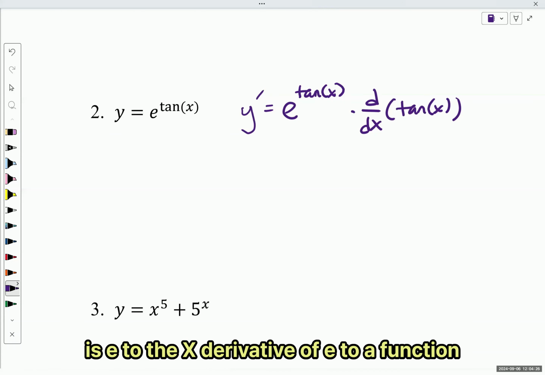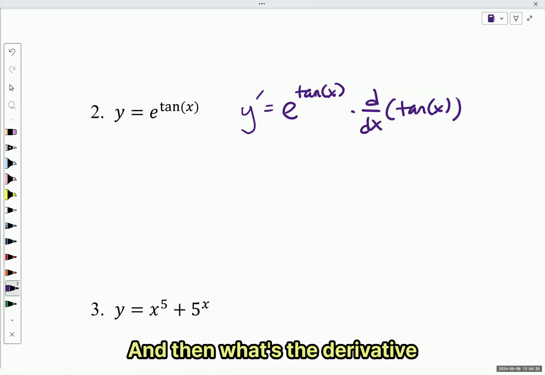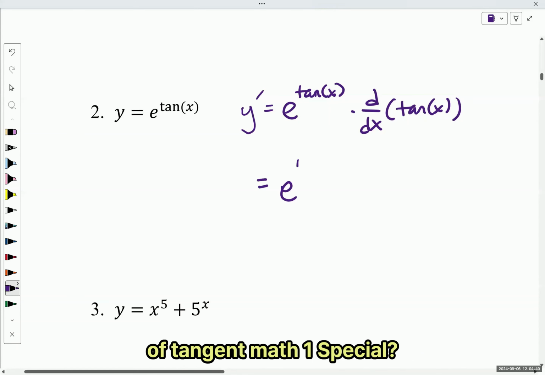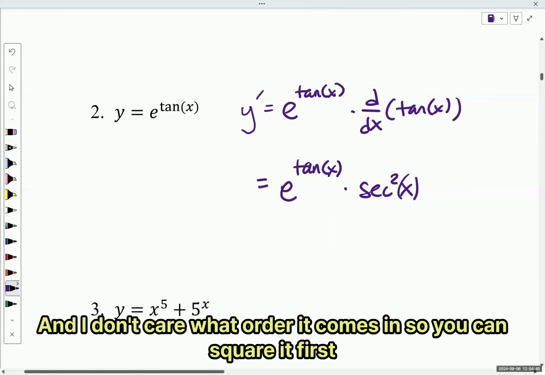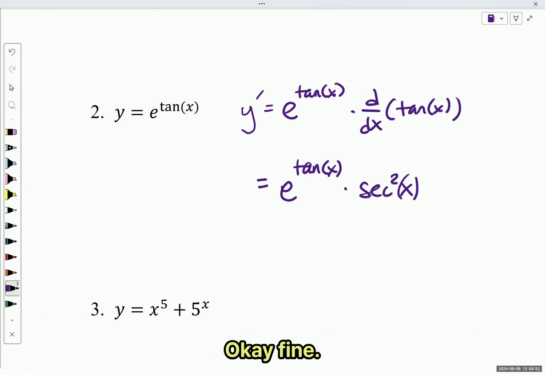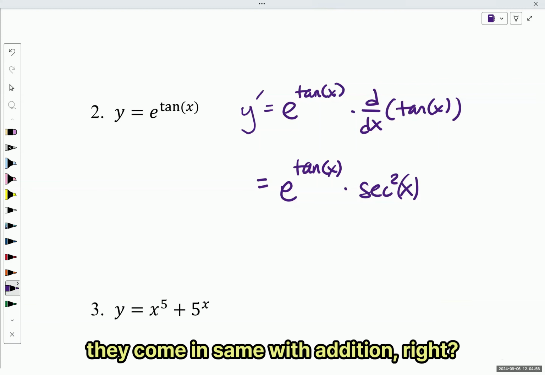Derivative of e to the x is e to the x. Derivative of e to a function is e to the function times the derivative of the function. We're just going back to that chain rule. And then what's the derivative of tangent? Math 1 special: secant squared. And I don't care what order it comes in. Secant squared first, e to the tangent x, okay, fine. Multiplication's commutative. I don't care what order they come in. Same with addition, right? It's equivalent.